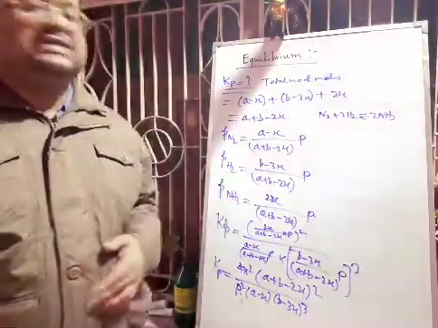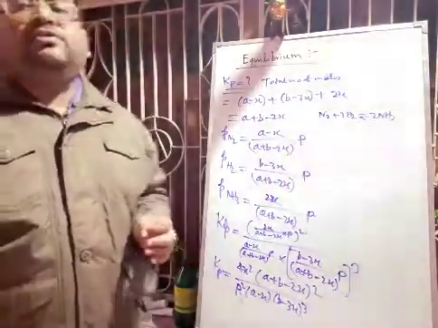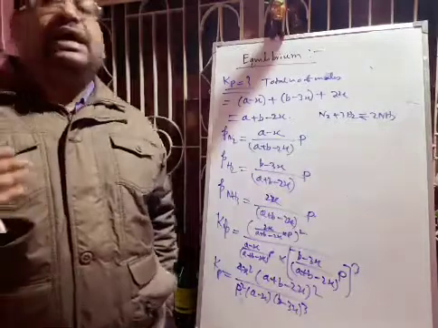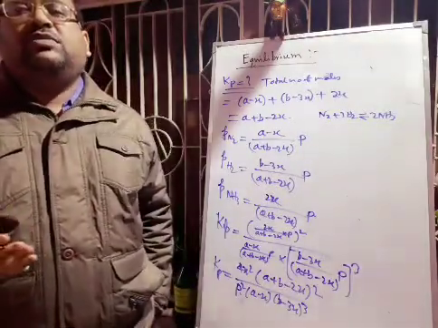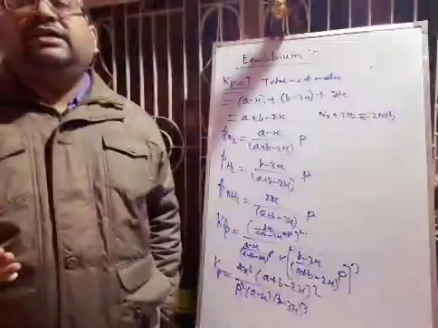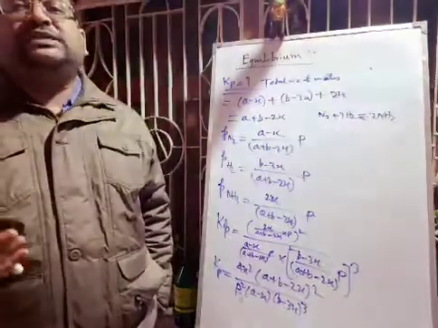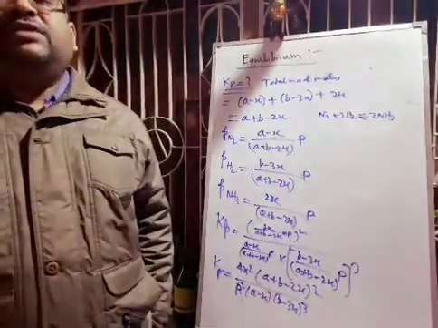Already we have discussed that Kc is equal to 4x square V square divided by A minus x into B minus 3x whole cube. So Kc is directly proportional to the square of the volume of the vessel. So by increasing the pressure, the volume term in the expression of Kc decreases. Therefore the value of x increases to maintain the constant value of Kc.